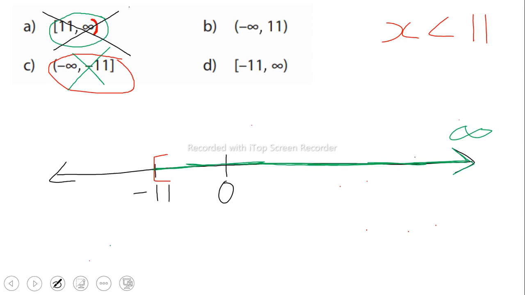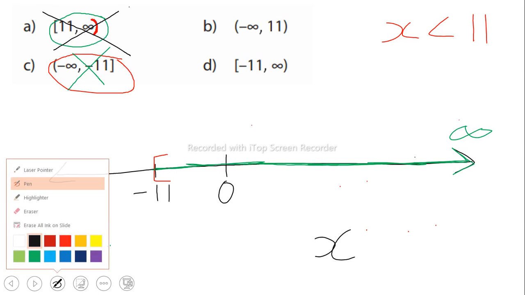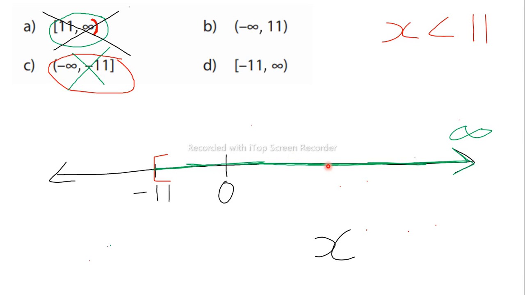And so the idea here is that if we look at the numbers inside this interval, call a number in here x, it is definitely going to be greater than -11, but it could also be equal to -11 too.